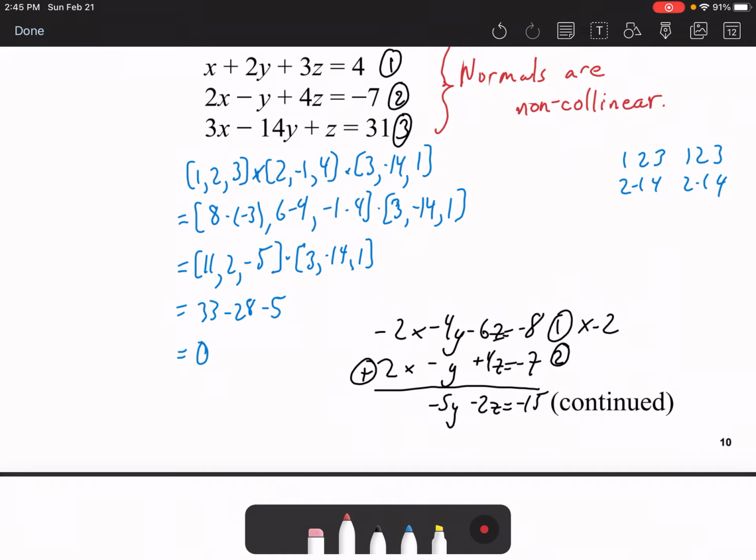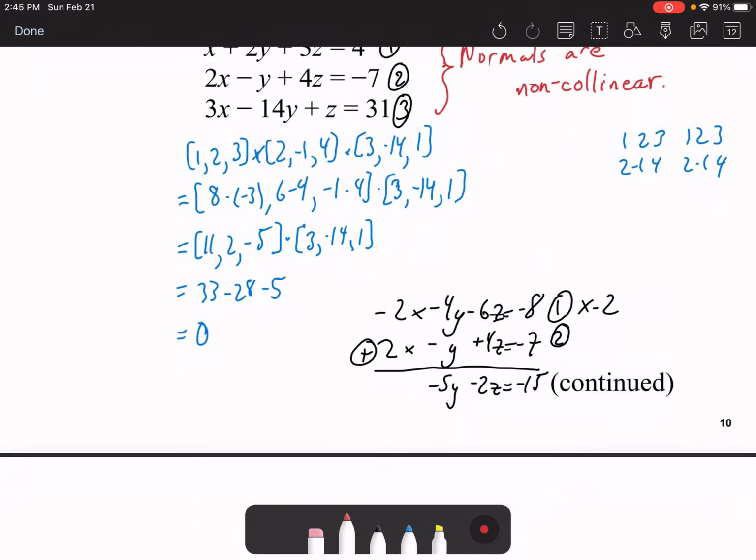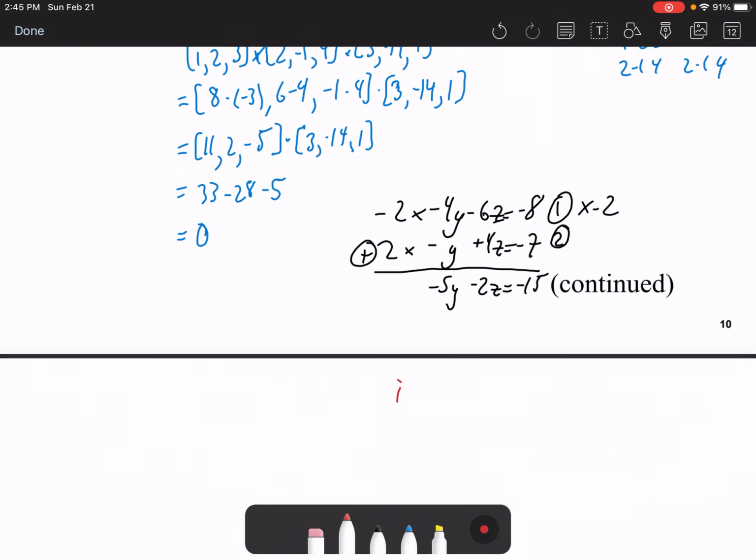I'm going to do something similar. I'm going to take equation 1 and multiply by -3 this time. I'm going to add it to equation 3.